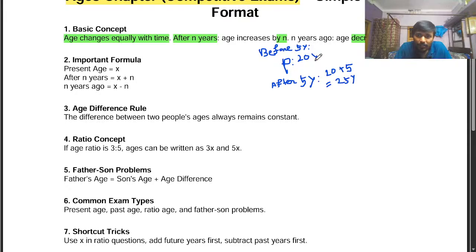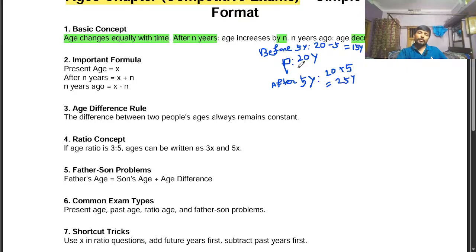So, before 5 years, my age was 20 minus 5, that is 15 years, which is very obvious. You can know this by imagining it.